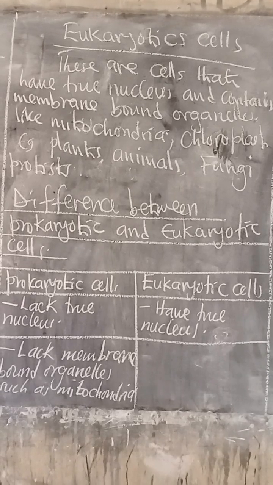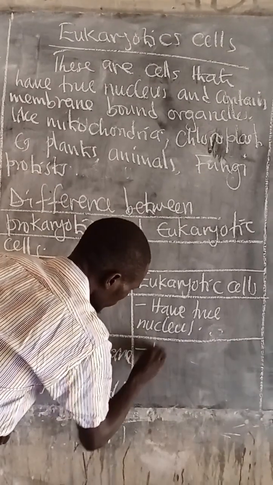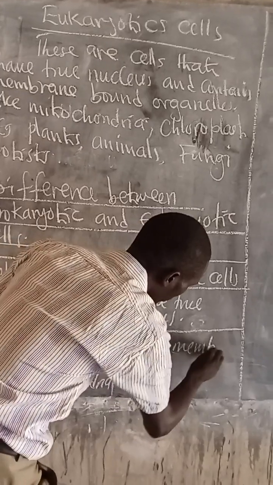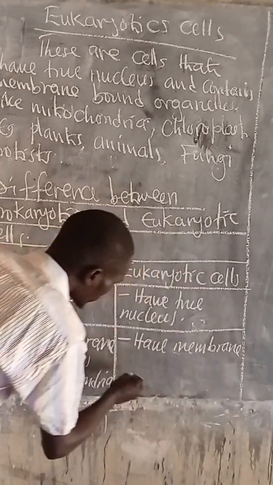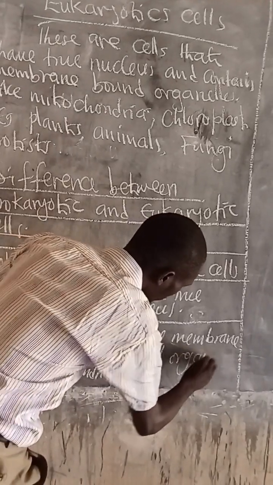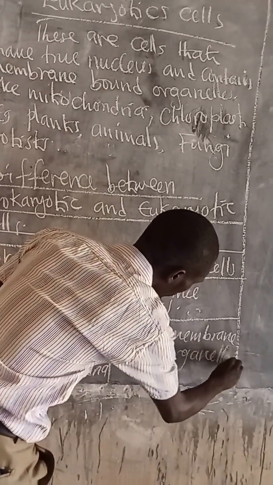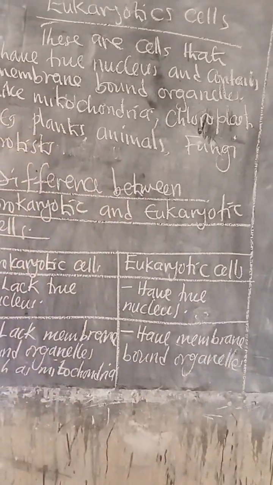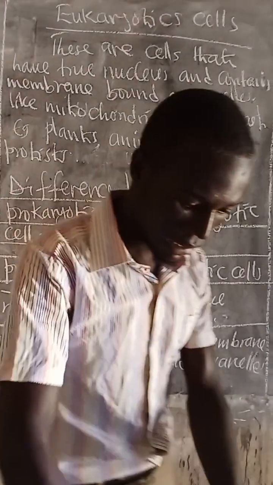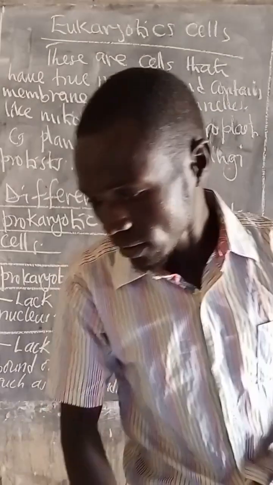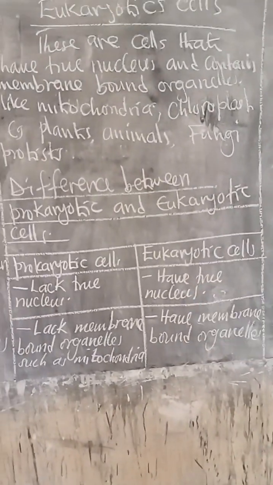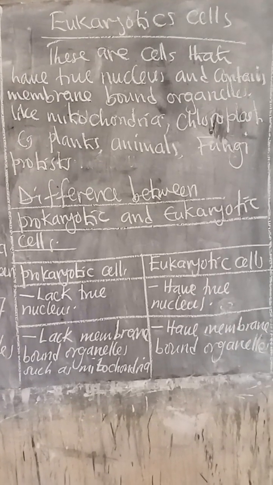Meanwhile, eukaryotic cells have membrane-bound organelles. So these are the basic differences that we can see between prokaryotic and eukaryotic cells.